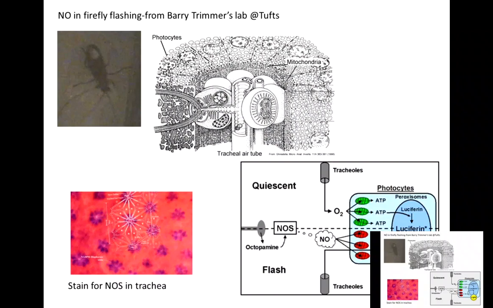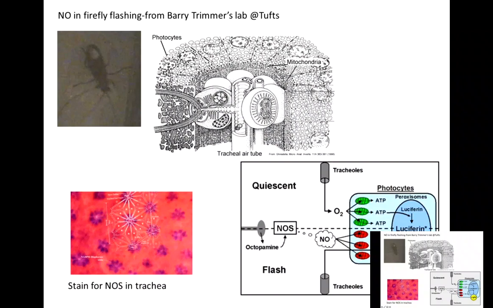They're so-called stunned. That allows oxygen to travel past those mitochondria and be available for this luciferase reaction, which takes the substrate luciferin with oxygen and creates light as a result of that.